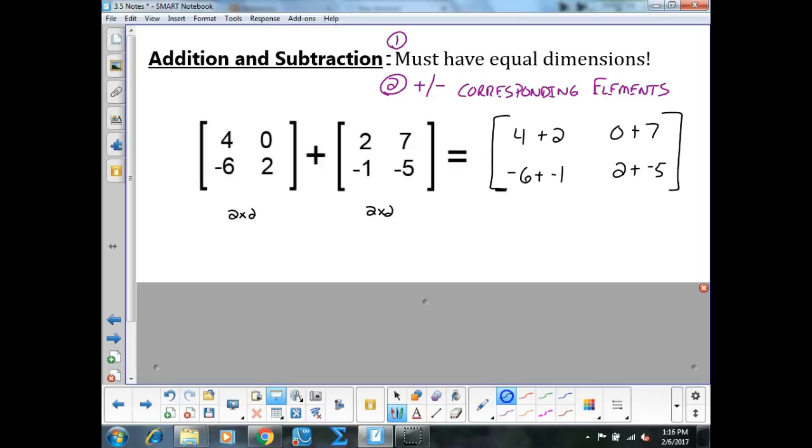If they're just straight lines on the side, that means something totally different, and we'll learn about that on Thursday. Okay? So make sure you're getting into the habit of bracketing them. Okay? So this then becomes the matrix 6, 7, negative 7, negative 3.